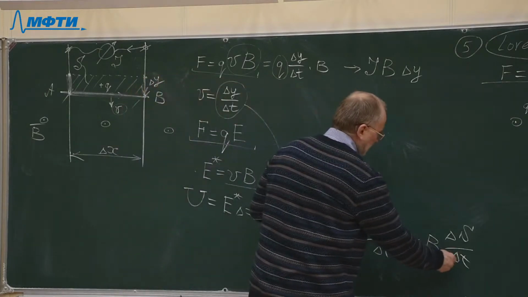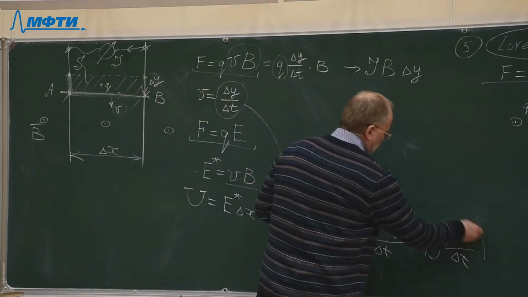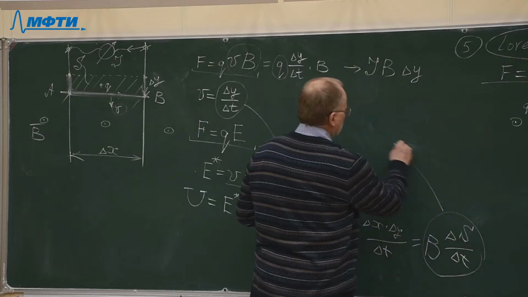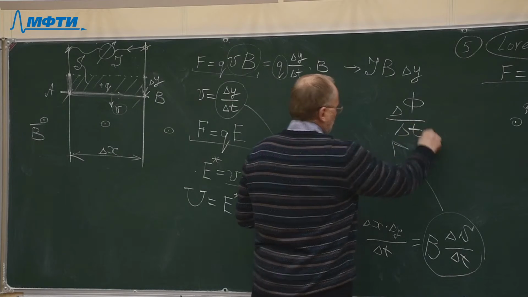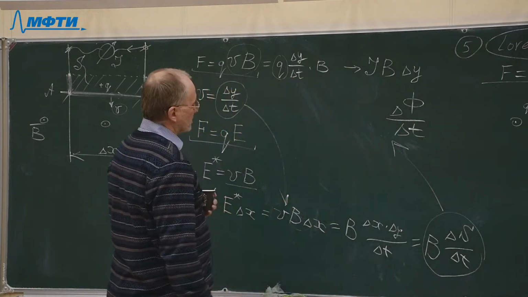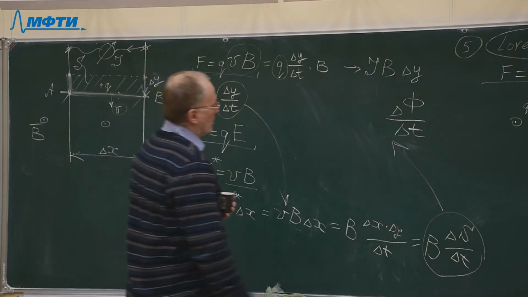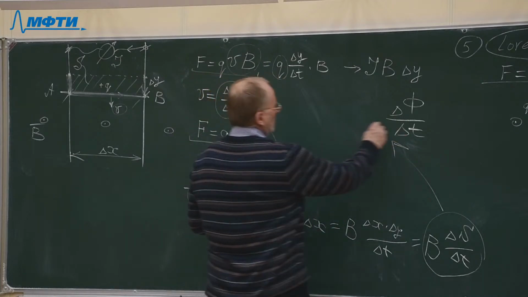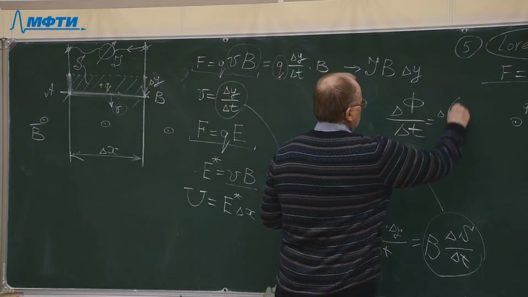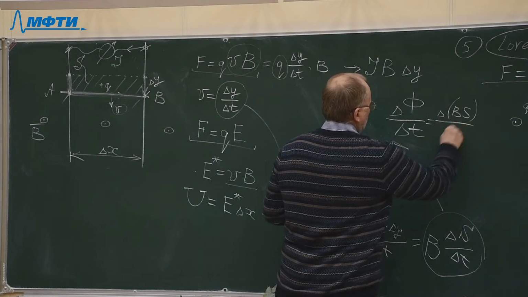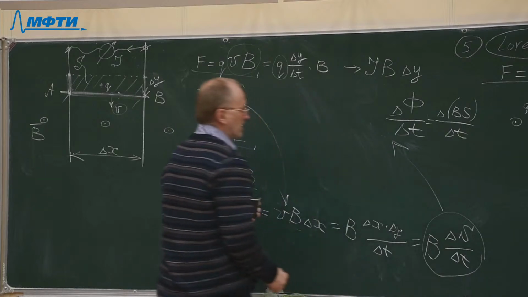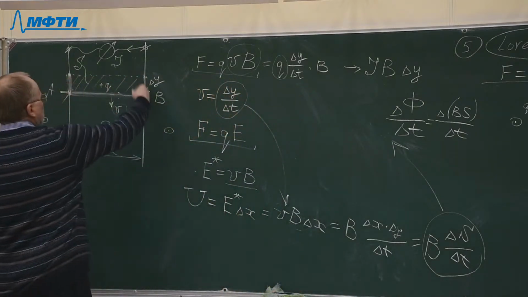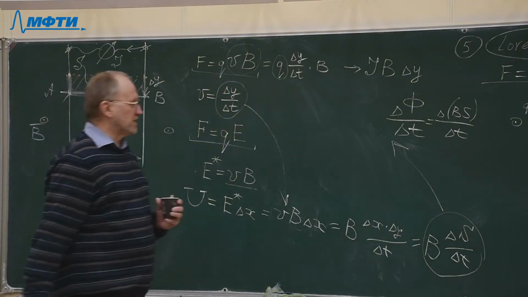And B is constant, so this formula will give you the change of magnetic flux. Magnetic flux is B S. B times delta S over delta t is the change of magnetic flux with time, the rate of change of magnetic flux.